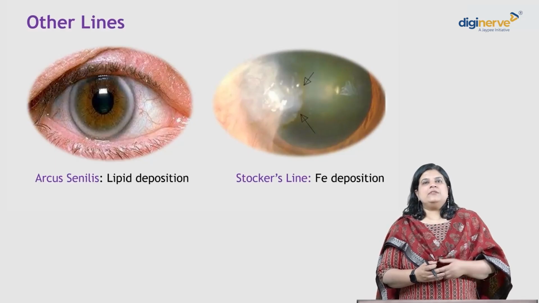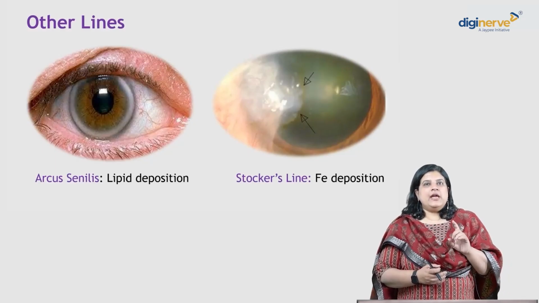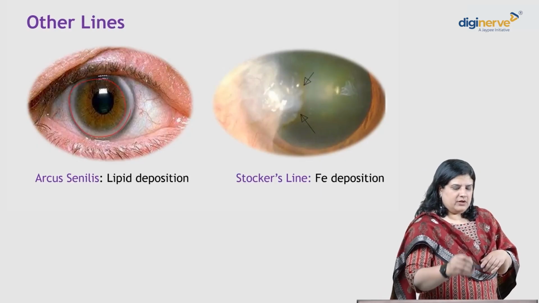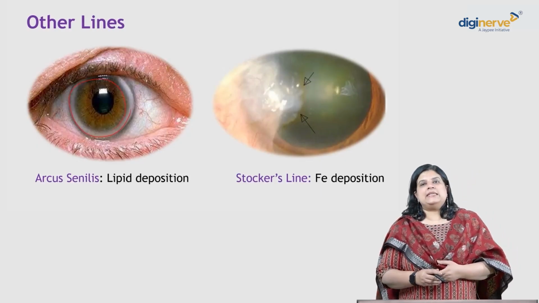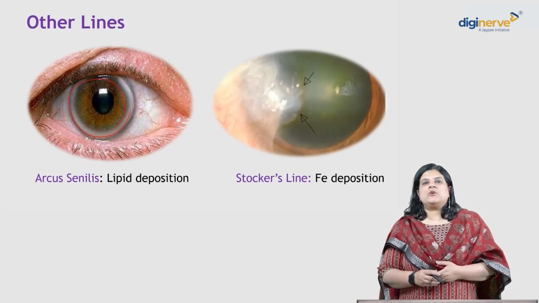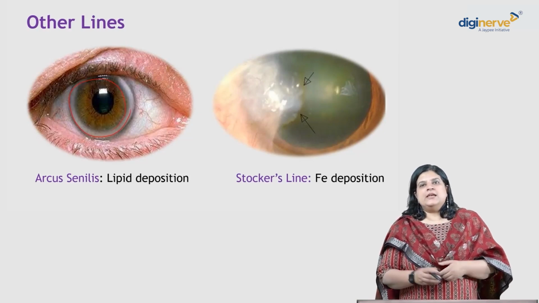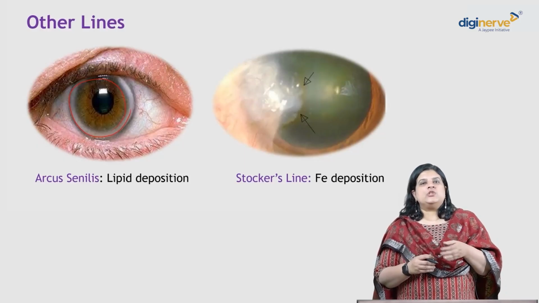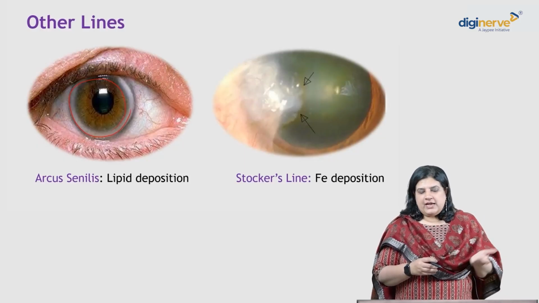Similarly, you can get confused with this image if you have a white ring in place of a brown ring. This white ring is basically nothing but lipid deposition, and this is called arcus senilis. If this white ring is seen in an individual less than 40 years of age, it is called arcus juvenilis.